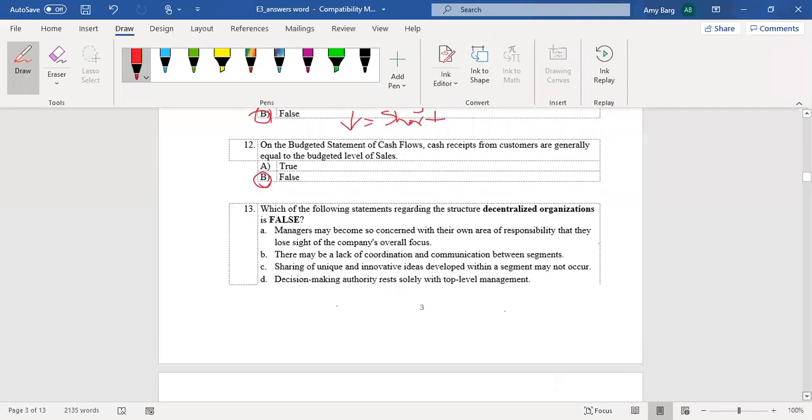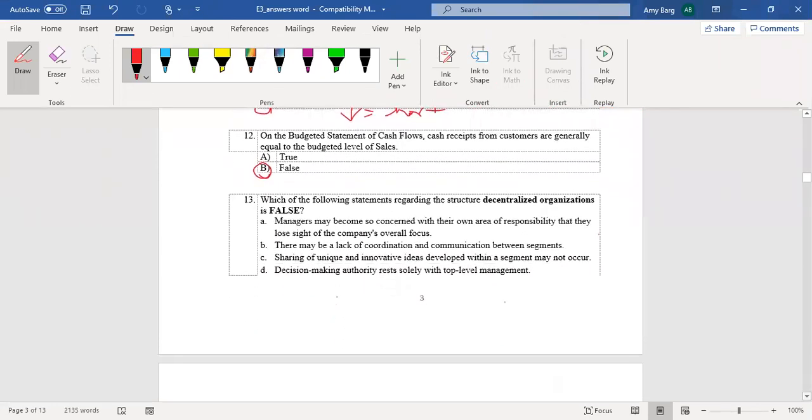Which of the following statements regarding the structure of decentralized organizations is false? In decentralized organizations, the authority is all spread out, right? It's decentralized. Managers may become so concerned with their own area of responsibility that they lose sight of the company's overall focus.